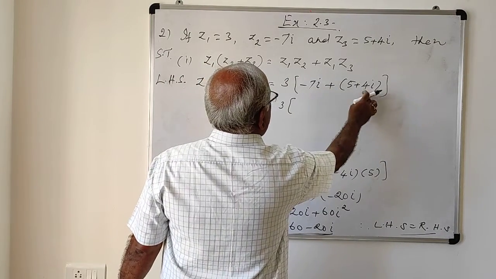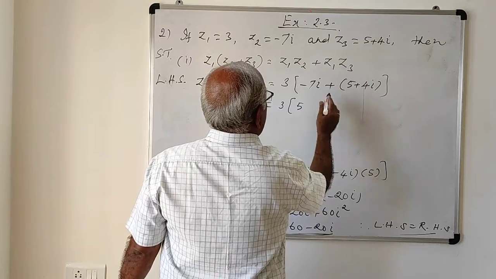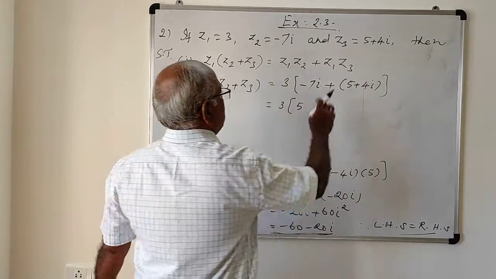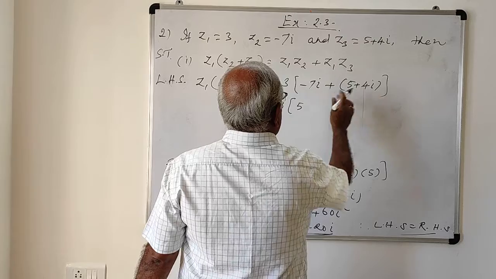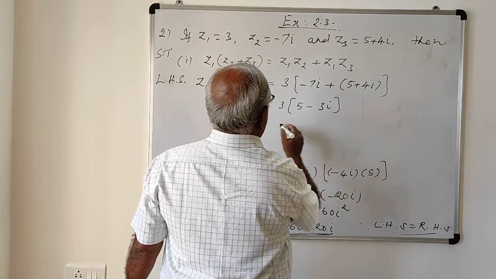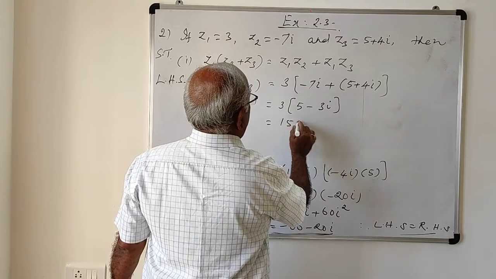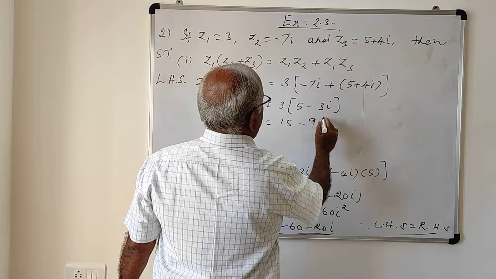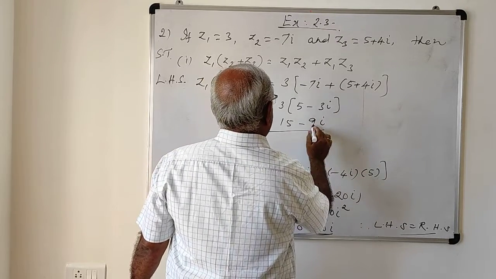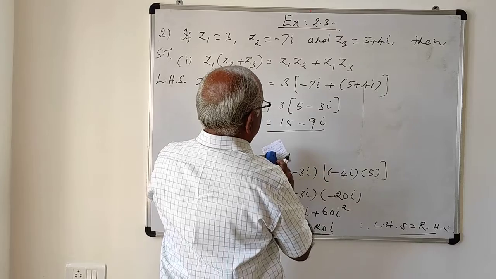This is minus 7i plus 4i; the real part is only 5. Minus 7i plus 4i gives minus 3i. That is 3 times 5, which is 15, and 3 times minus 3i is minus 9i. This is your left hand side part: 15 minus 9i.